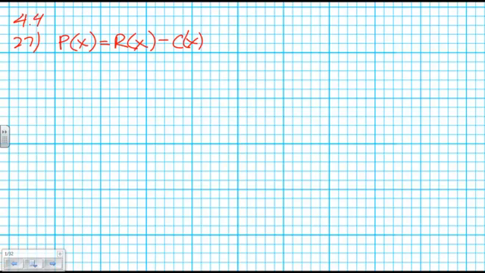Okay, the revenue is $200 per person if there's exactly 50. But for every additional person over 50, the price per person goes down by $2. So it's $200 minus $2 for every person above 50.